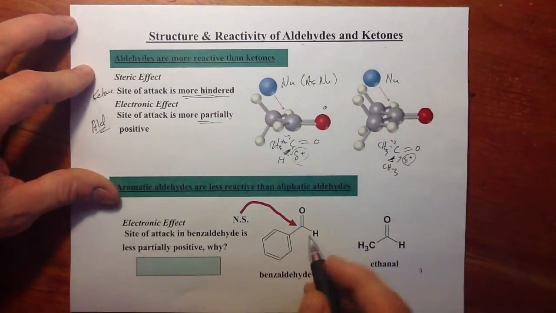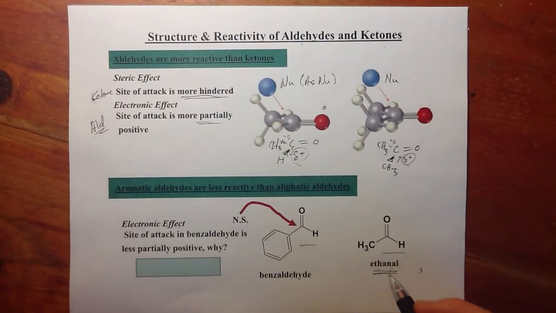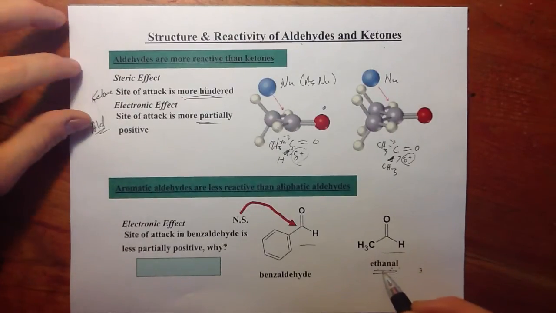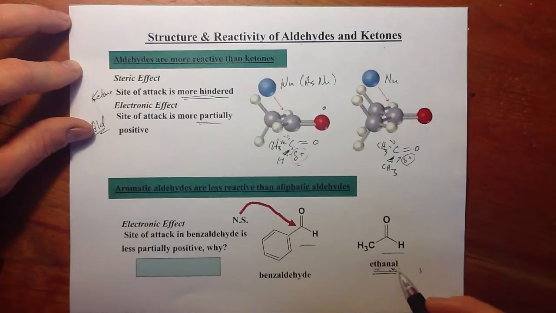All right, just in general, if we have two aldehydes compared against each other, benzaldehyde, and if it's an aldehyde with an alkyl group, ethanal, we have two carbons, so "eth" for the two carbons, and then an "al". An "al" is indicating an aldehyde.